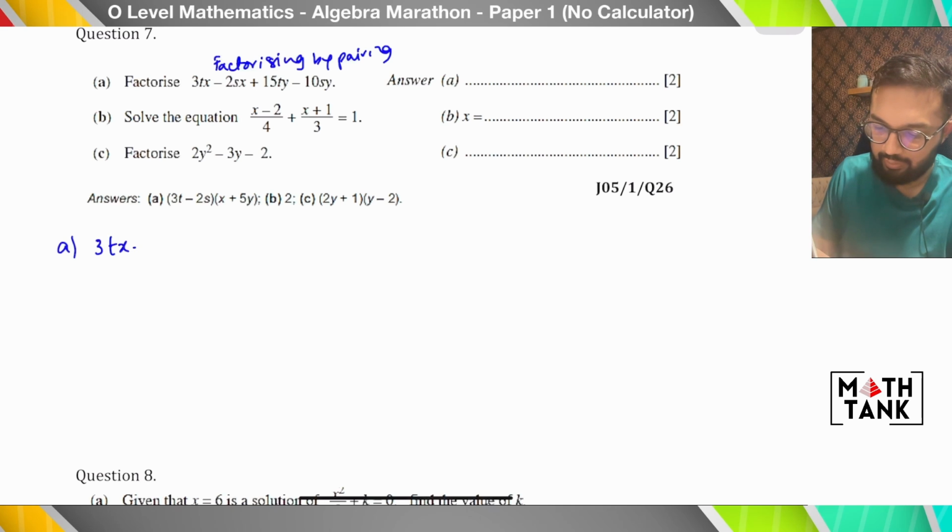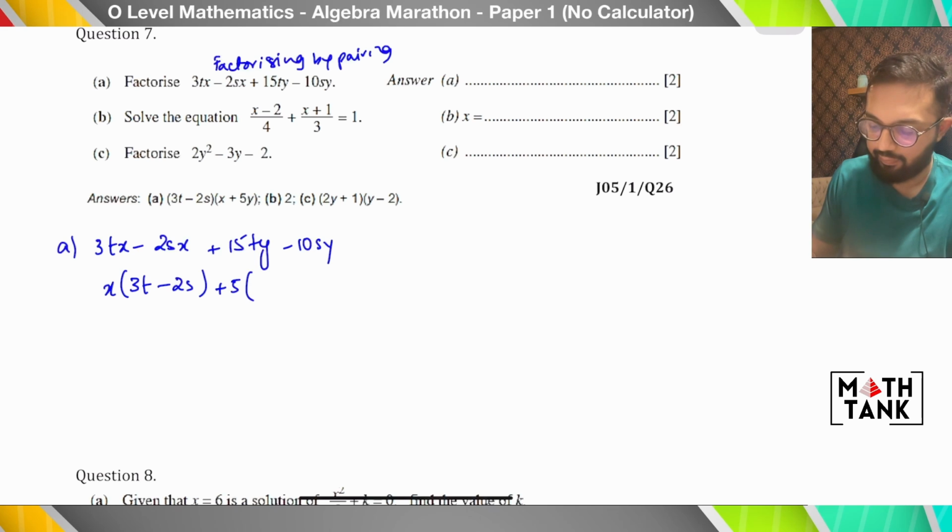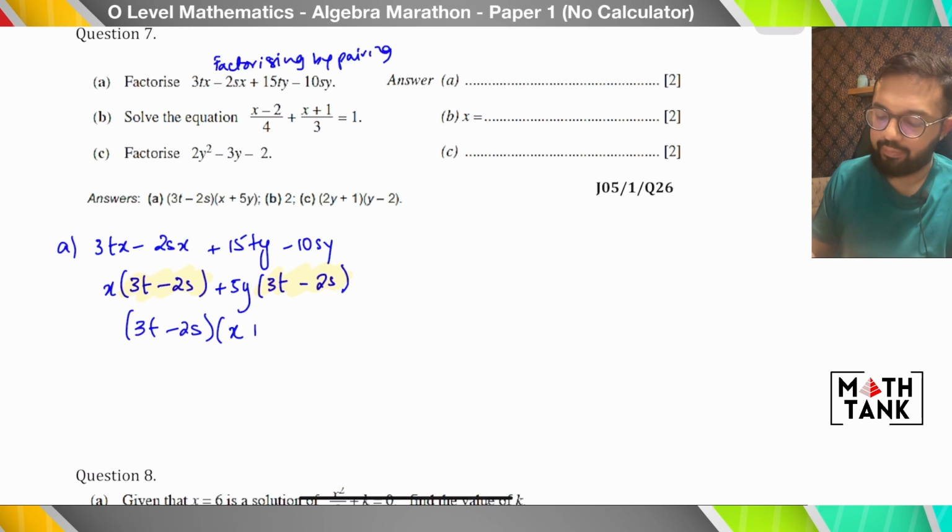So x is common, so 3t minus 2s. 5 is common in 15 and 10, and y is common, so it's 5y. So 3t and 2s. I told you before that these brackets must match, so they match. So I can say that 3t minus 2s is common, and I'm left with x from the first term and 5y from the next term.